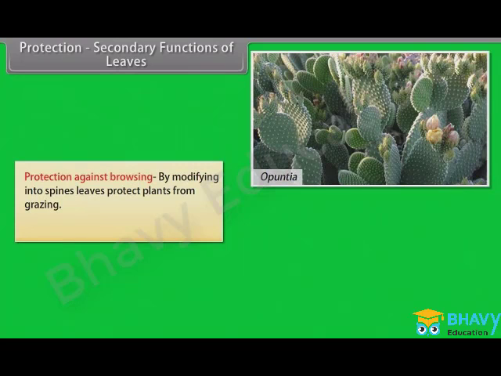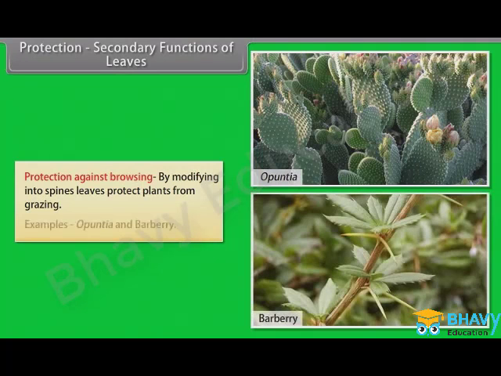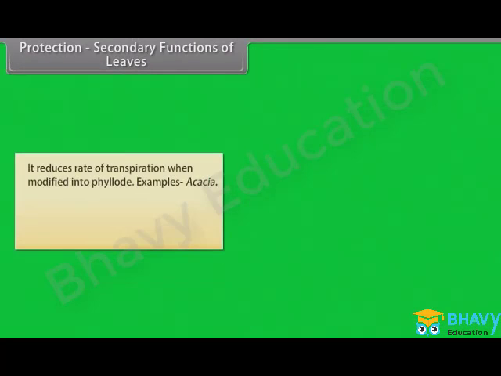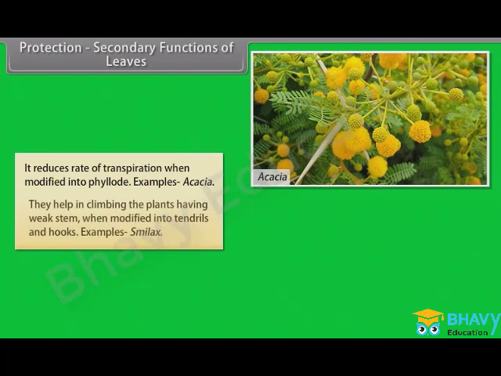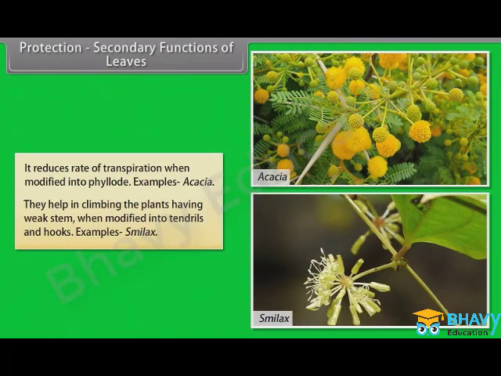By modifying into spines, leaves protect plants from grazing. Examples: Opuntia and barberry. It reduces rate of transpiration when modified into phyllodes. Examples: acacia. They help in climbing the plants having weak stem when modified into tendrils and hooks. Examples: Smilax.